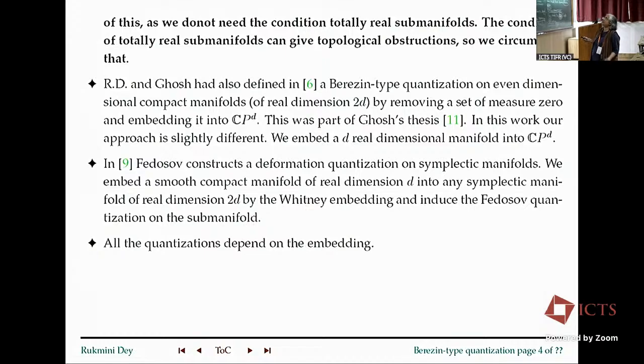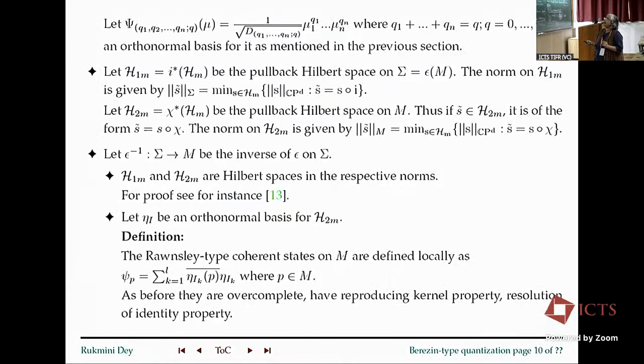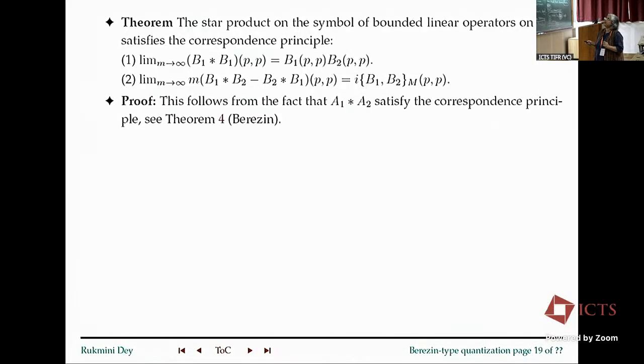There was another method of doing it by removing a set of measure 0 and embedding into CP^N, but I won't talk about that. That approach is slightly different. Similarly, Fedosov constructs a deformation quantization on symplectic manifolds. Again, by embedding, we induce it on a submanifold. And all quantizations depend on the embedding. I now go to the very final slide.